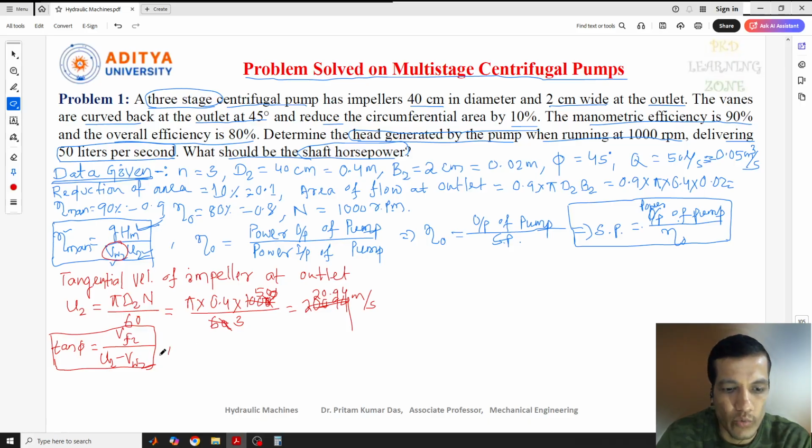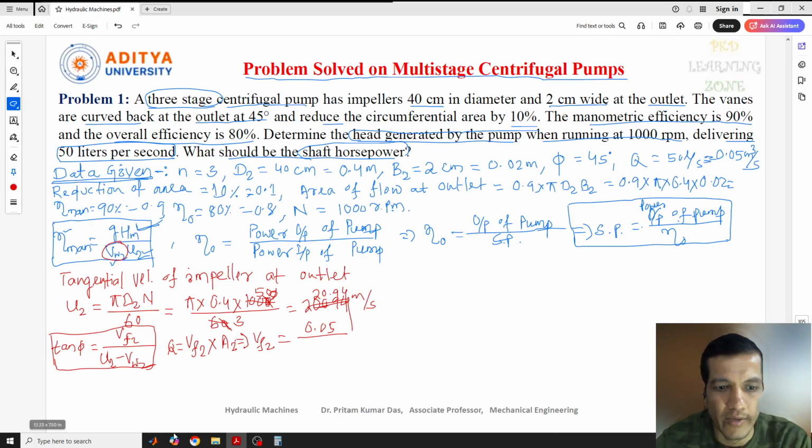So for vf2, the velocity of flow at the outlet condition, I can write discharge Q equal to vf2 into a2. Now I can write vf2 equal to discharge by area. Discharge is given as 0.05, and the area of flow needs to be calculated.